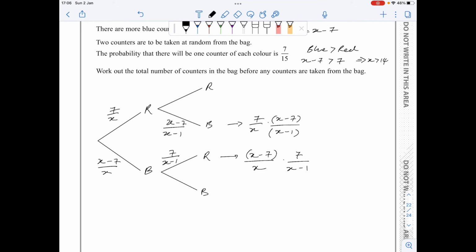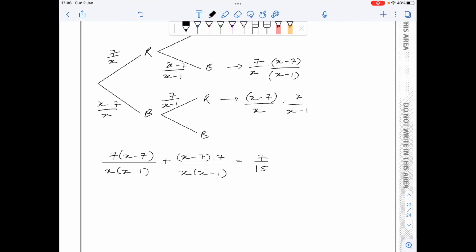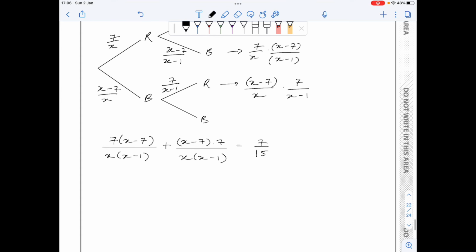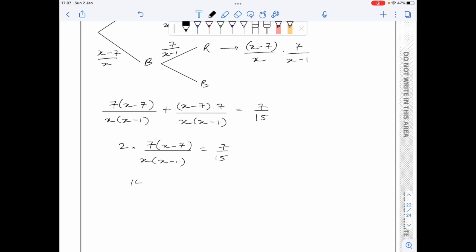So let's write this down. Now note that these two are exactly the same. So I can multiply this by 2 and get 2 times 7 times x minus 7 over x minus 1 is equal to 7 over 15. And this will give me 14 times x minus 7 over x minus 1 equals 7 over 15.